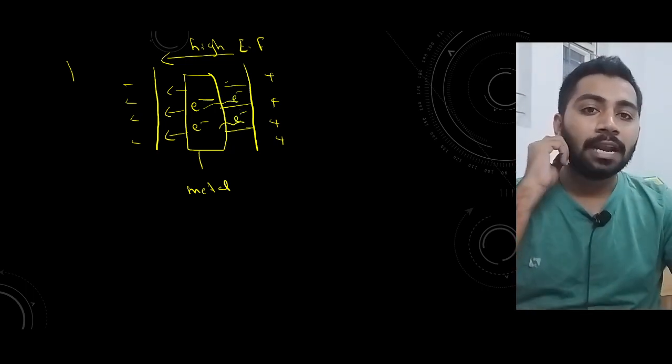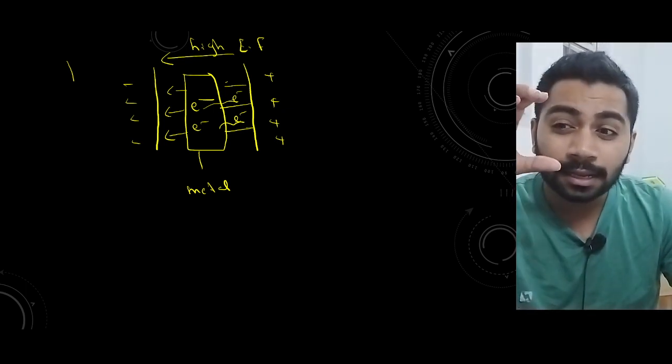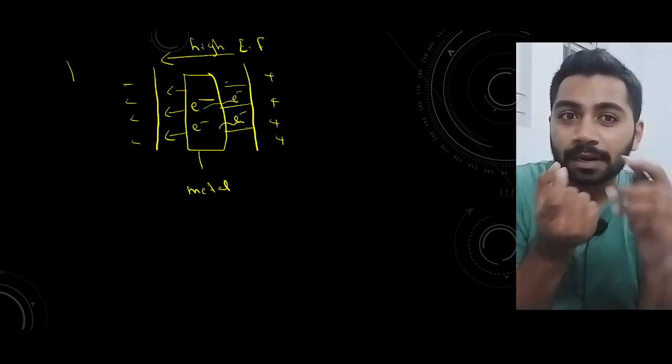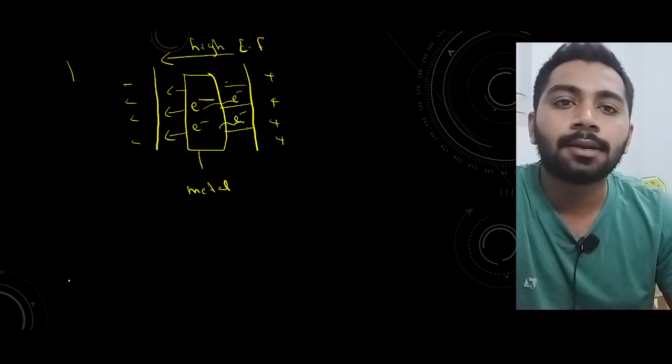This is called field emission. When you give a high electric field to the metal between the anode and cathode, the electrons in this metal move outside. They are emitted. It is called field emission.